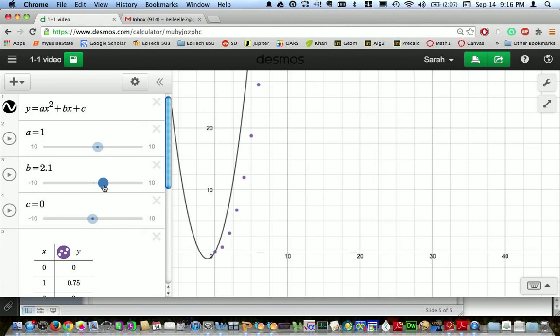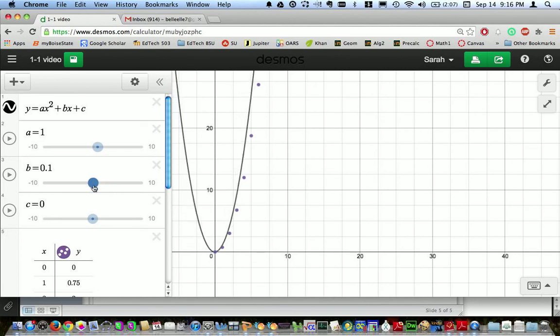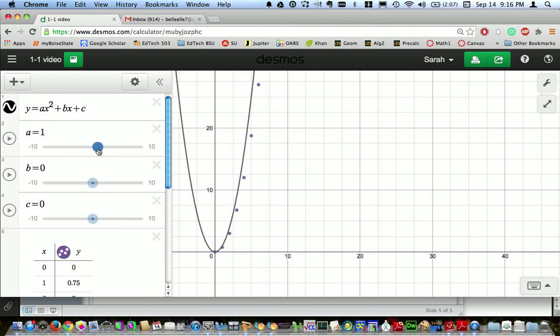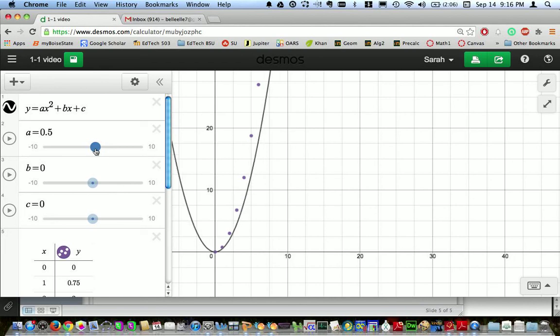As I go up on the b, it doesn't really help. It looks like it's at 0 too. Now the a determines how wide or skinny it is. If I go really, really skinny, it looks like this. If I go to 1, it looks like that. If I go to 0.5, it looks around there. So I need to go somewhere in between until I hit as close as possible to those points.